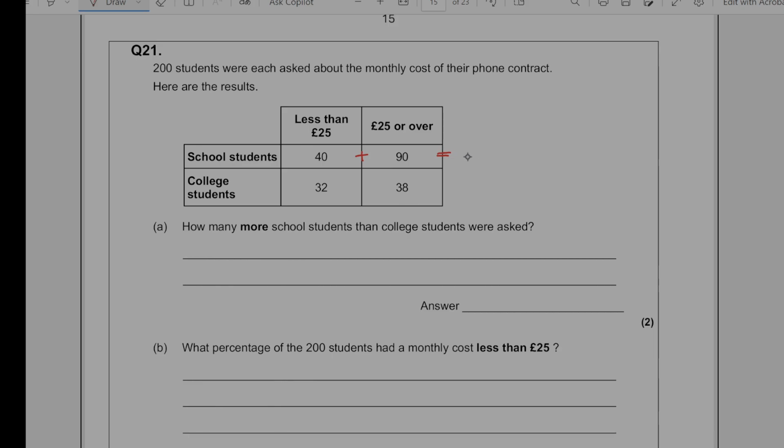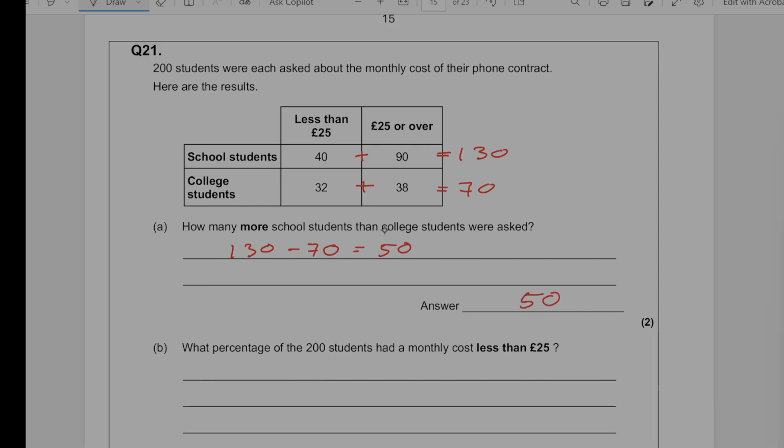We've got 40 plus 90, which is going to be 130. And we've got college students, 32 plus 38 is going to give us 70. So we want the difference between 130 minus 70, which is going to give us 50 more students. No, it's not. It's going to give us 60 students.